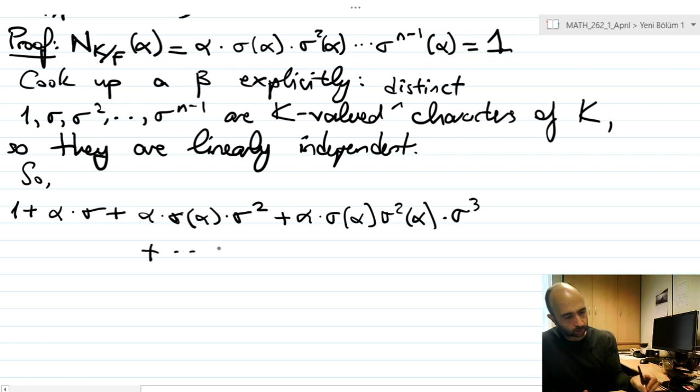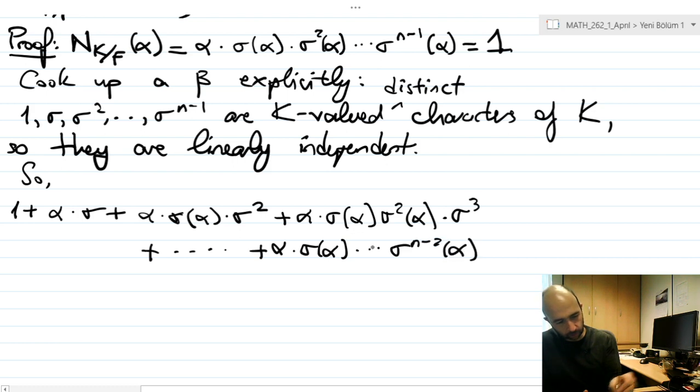Just go on until the end. So the last coefficient that I'll write will be kind of huge. So alpha, sigma alpha, go all the way to sigma to the n minus 2 of alpha. Well, that's just the coefficient, and the character is sigma to the n minus 1.